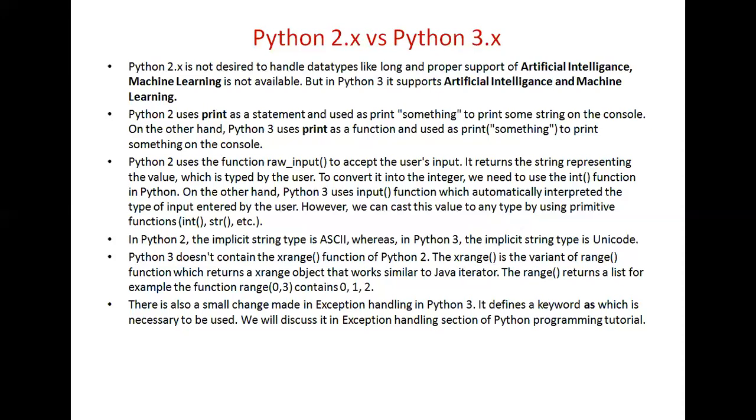Okay, and Python 3 does not contain the function called xrange. The xrange is a variant of the range function. This range function works similar to a Java iterator, which is used to iterate the values, and the range function returns a list.